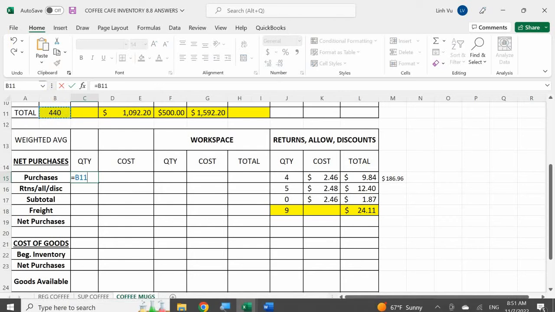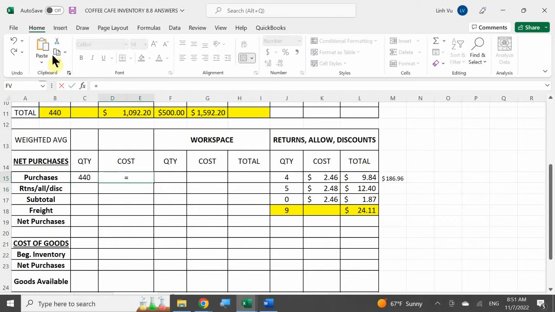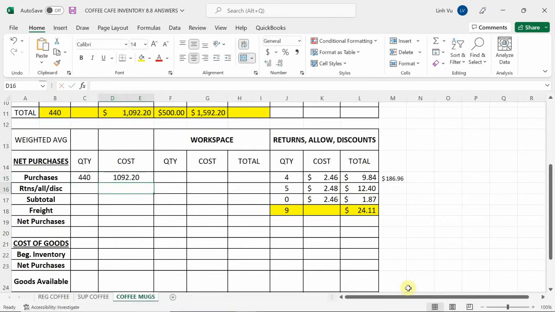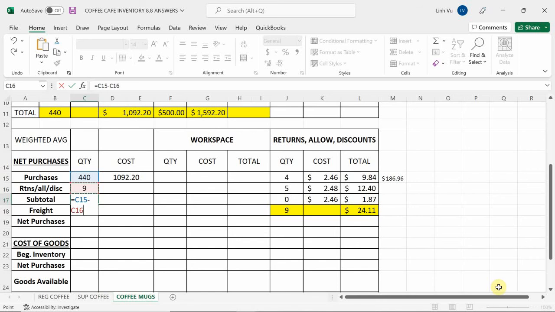We started out with 440 units at a grand total of 1,092.20. But we end up returning 9 units. So how much should we have left if I returned 9 units? 431. Okay, 431. And we know that we got a refund for 24.11.